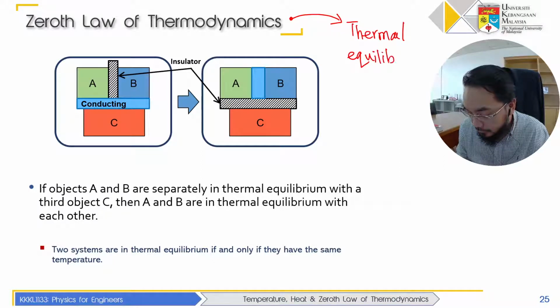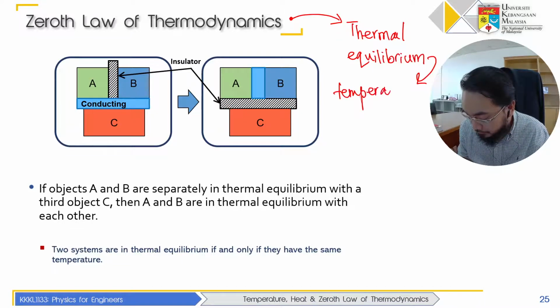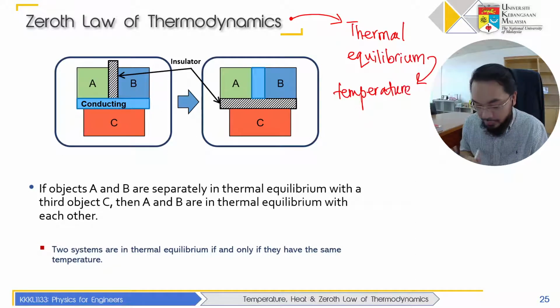And we know that thermal equilibrium is concerning temperature. So let's look at this experiment here. We have figure 1 and figure 2. In figure 1, let's say we have objects A, B, and C. A and B are separated by an insulator.